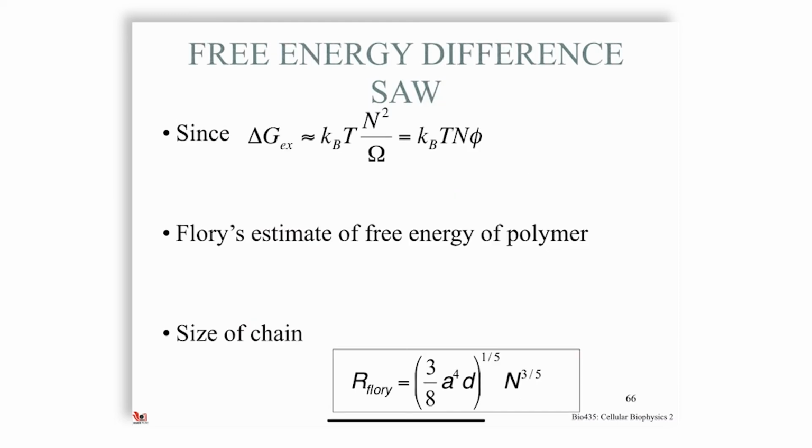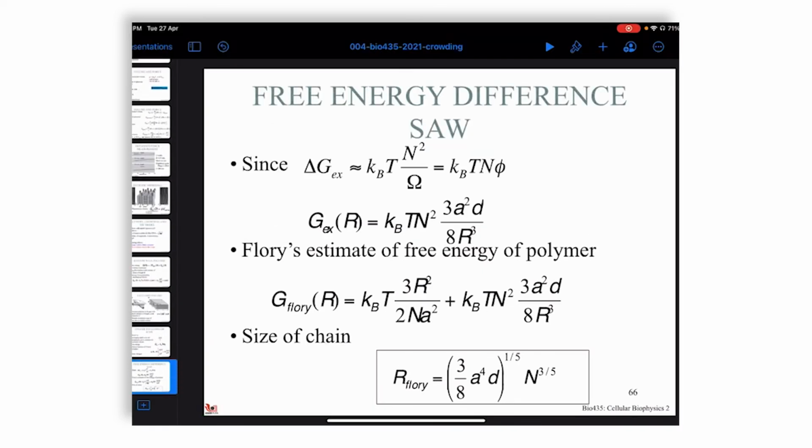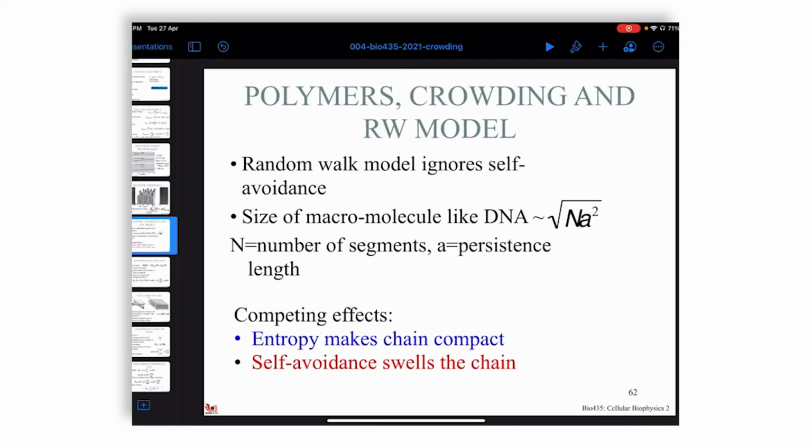And the free energy difference between the random walk model and the self-avoiding walk is such that the Flory radius, unlike the characteristic random walk radius, scales as a function of N to the power 3 by 5, N being the number of segments, with the prefactor that is determined by a and d. So just let's remind ourselves what were a and d.